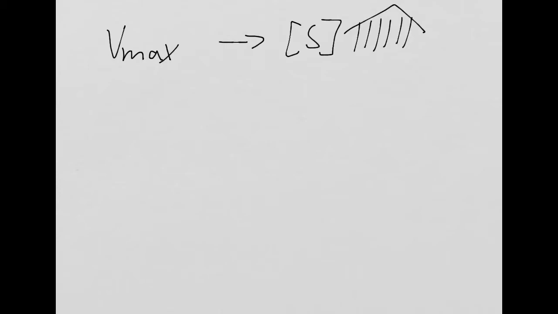So Vmax tells us how the enzyme behaves when the substrate concentration is extremely high. Yeah? That is what Vmax says. And it depends on the enzyme concentration. It depends on what motor I have in my car.